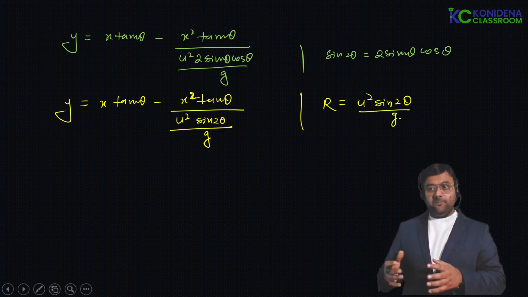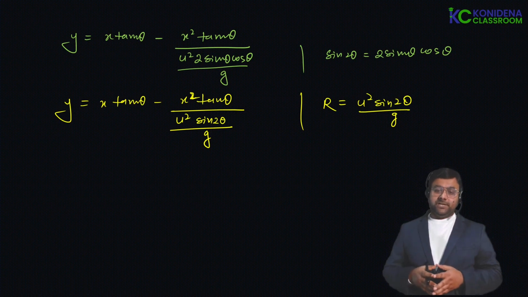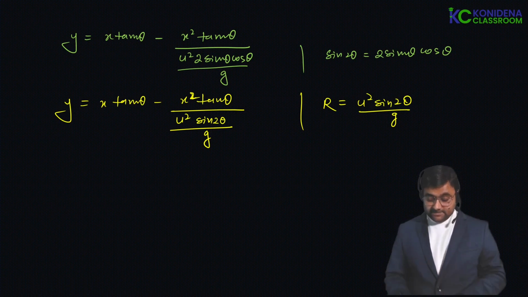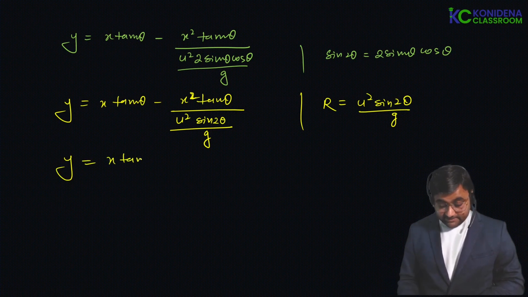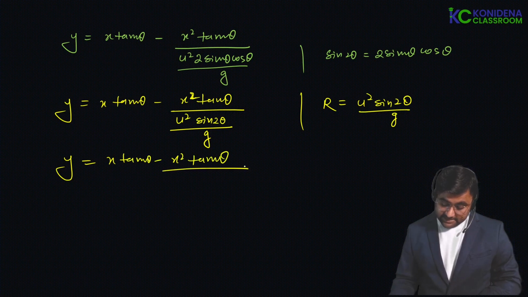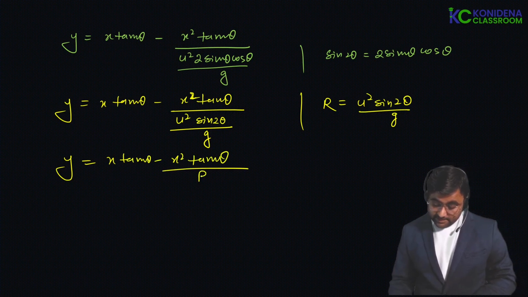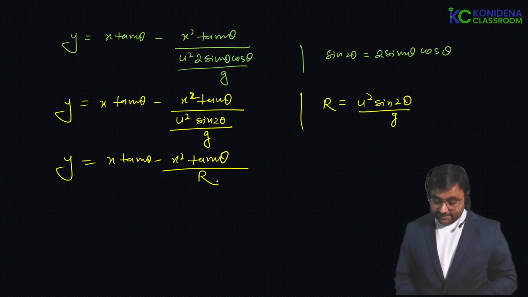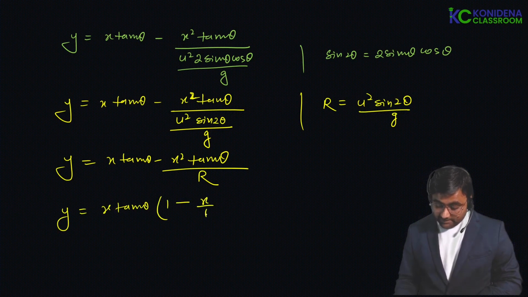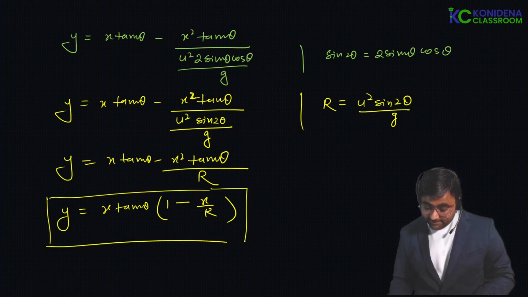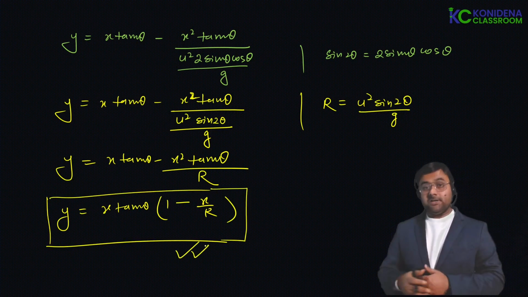So we can replace u square sine 2 theta by g with R. So your equation will turn into x tan theta minus x square tan theta by R, right? Now again I can take x tan theta common and I'm going to get 1 minus x over R. This is your final equation of trajectory in terms of range R.